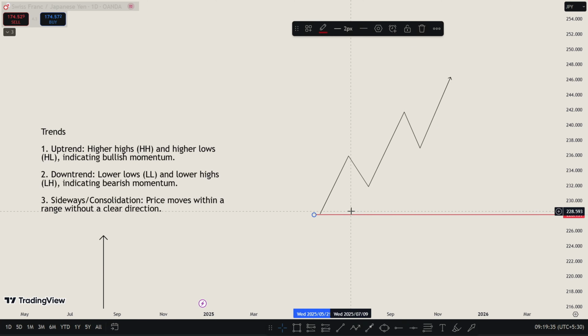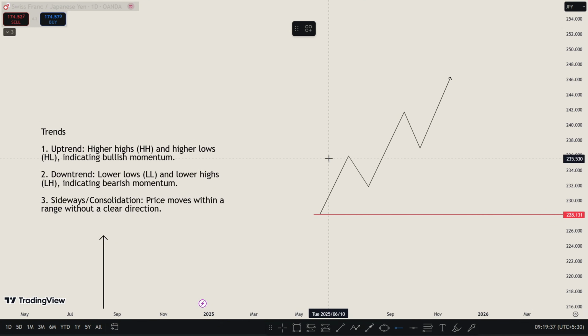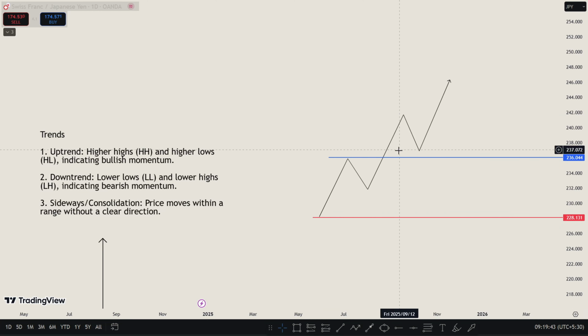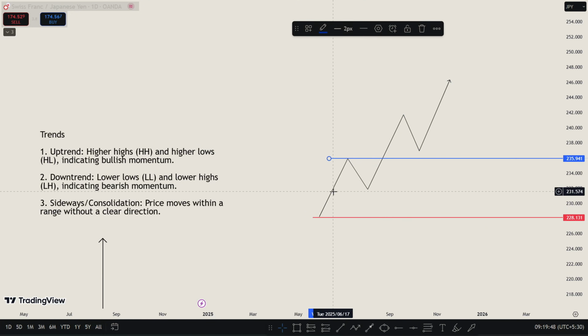As you can see, this is the higher low and this is the higher high. The higher high I will mark with blue color. Whichever is the highest point before a market structure is called the highest point, and this is the higher low.